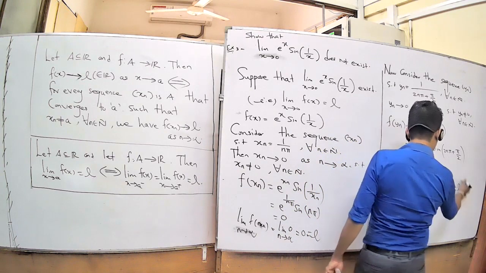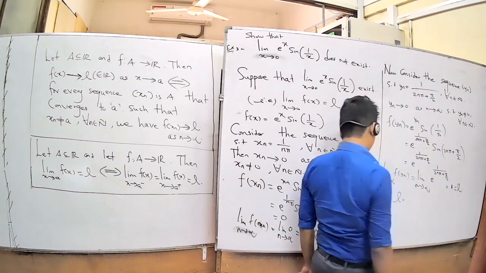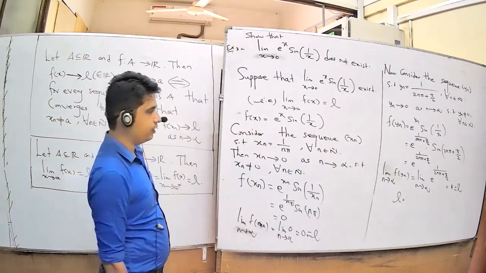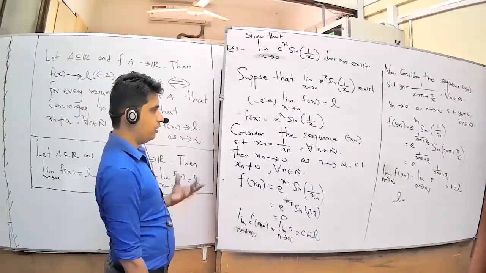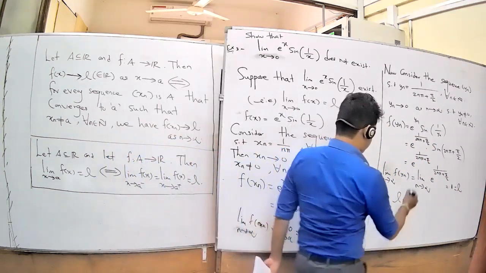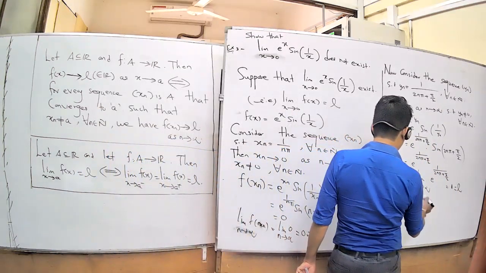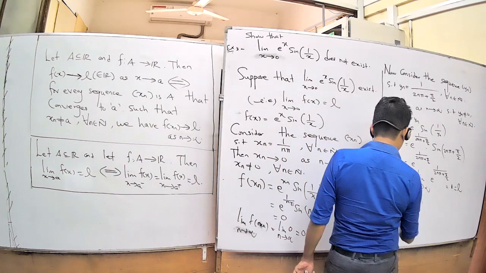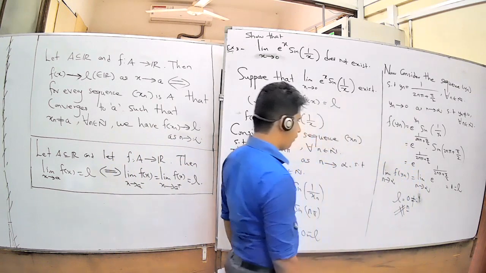Here, in the first case, you get L equal to 0. For this case, you get L equal to 1. Both are distinct values, but the limit is unique. Here we arrived at distinct values for the limit. Therefore it is a contradiction, so our assumption is wrong.